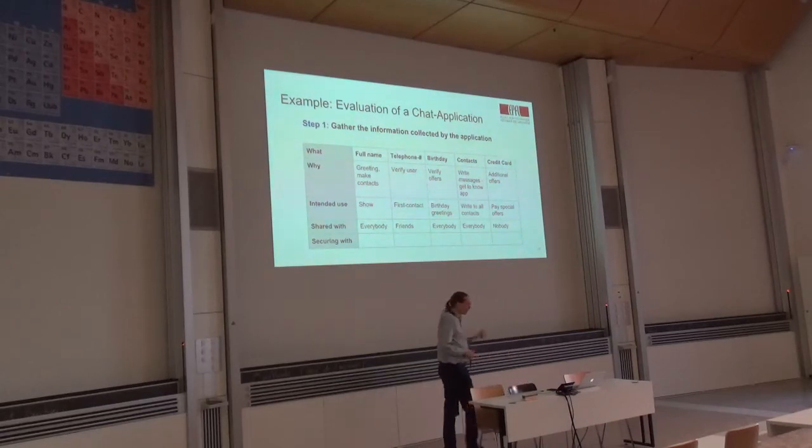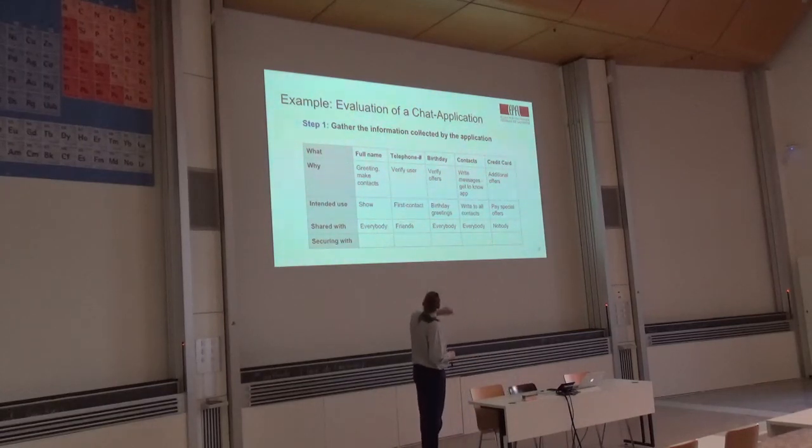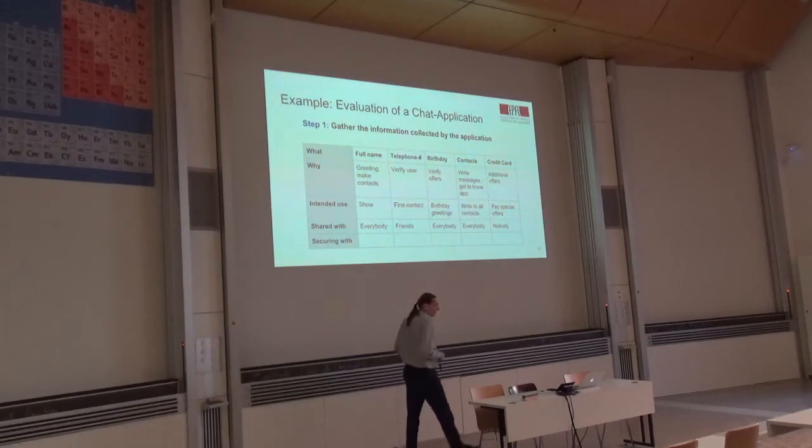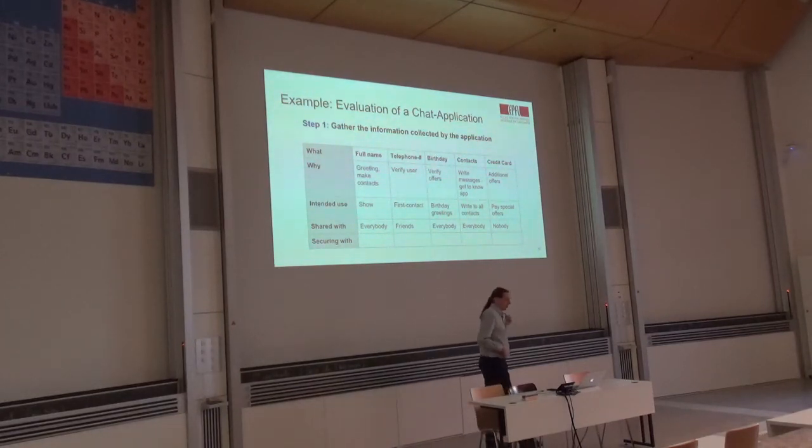So for each of those categories of information, it's important to identify the reasons. Why do we want that information? Well, we want the full name for greeting contacts, identifying contacts.